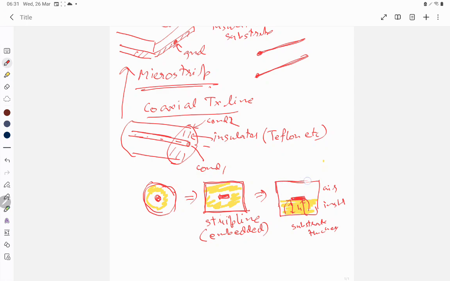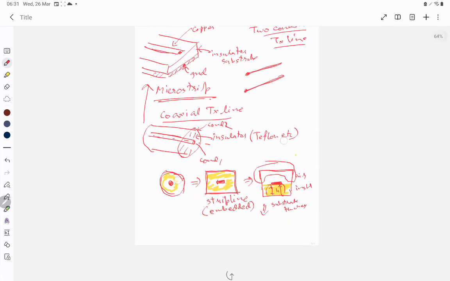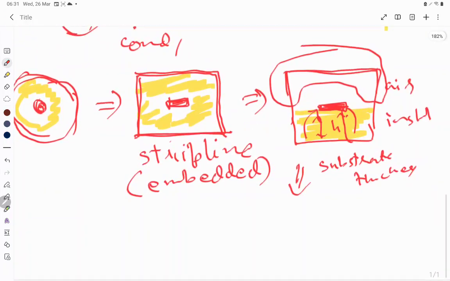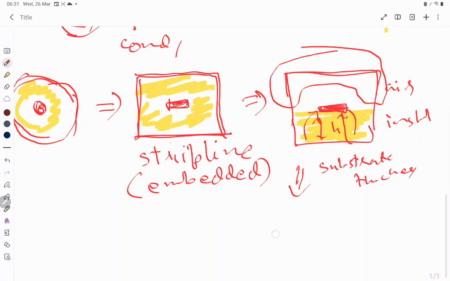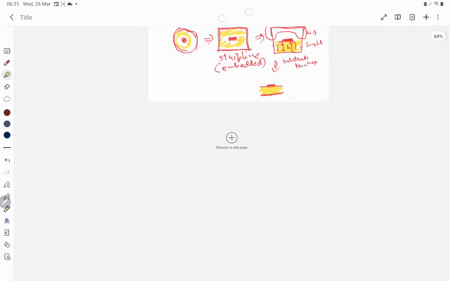Thus, we can do away with this shielding structure. So that will lead to our microstrip kind of structure, where we have this conductor, and we have a metal at the bottom, and we have the insulator. So it's a simple way of how we went from coaxial to the microstrip line.